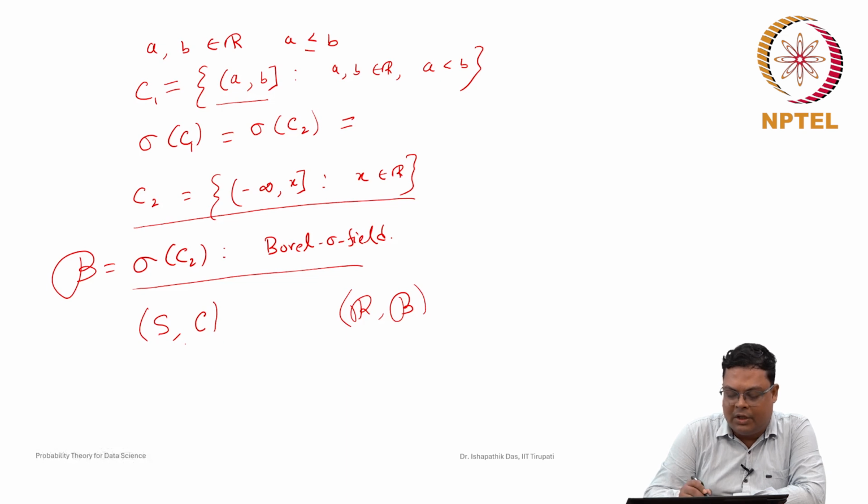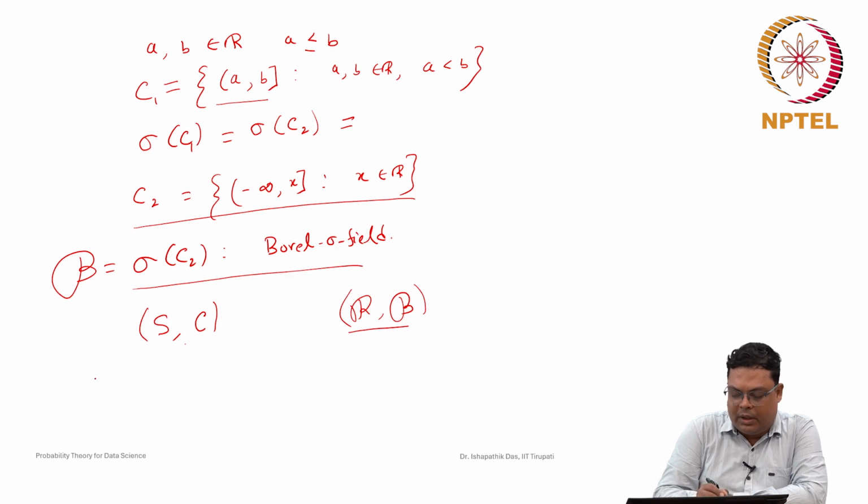Let us recall again: S is a sample space and C is a collection of subsets of S that is a sigma field, R is the set of real numbers and B is the Borel sigma field. It contains the Borel sets. We say that all the elements in this Borel sigma field are nothing but Borel sets.